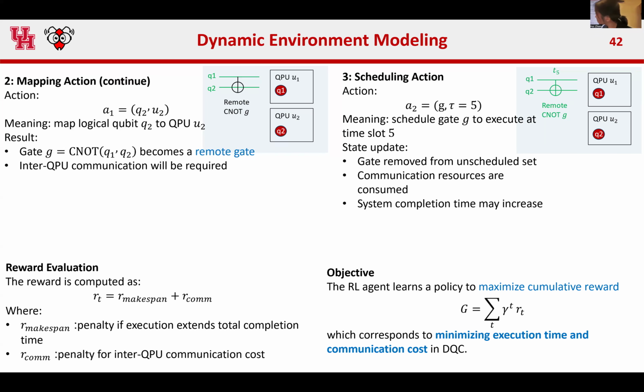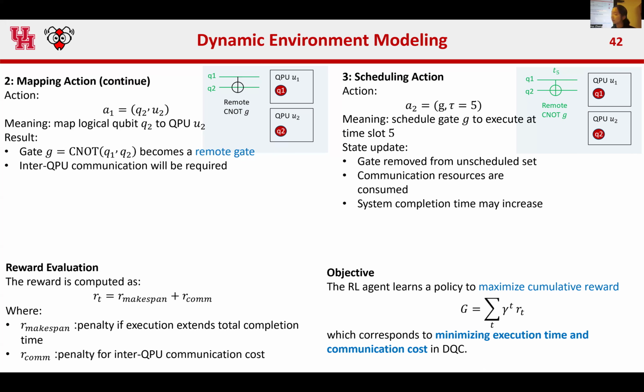Here we will use the reward to evaluate whether each step's action is good or not. There are two parts to our reward. One is called extend, the penalty if execution extends the total completion time. And one is com, a penalty for inter-QPU communication cost. We also have our objective: the RL agent learns a policy to maximize the cumulative reward, which corresponds to minimizing the execution time and the communication cost in DQC.